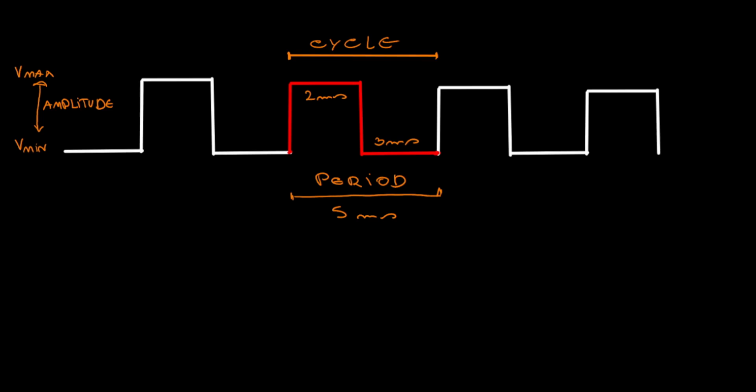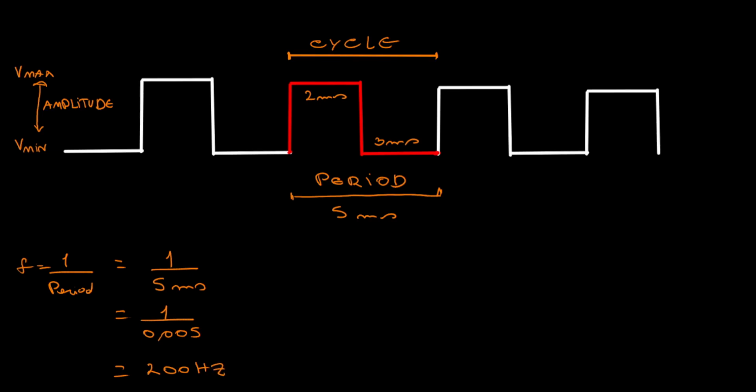To know the frequency of this cycle, we can use this formula, 1 divided by the period. So in our case, our period is 5 milliseconds, which is 1 divided by 0.005, which is equal to 200 Hertz.